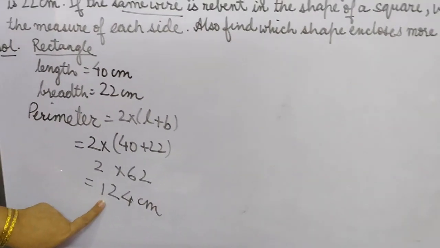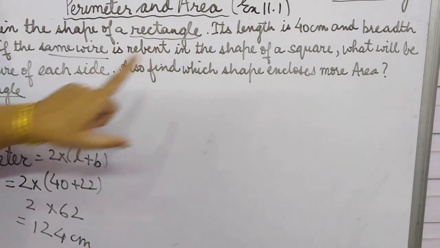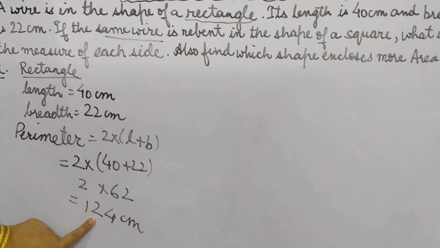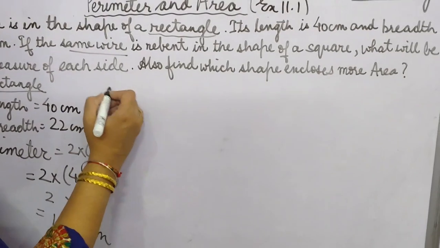Now the same wire has been used in making the square. That means this has to be the perimeter of the square.